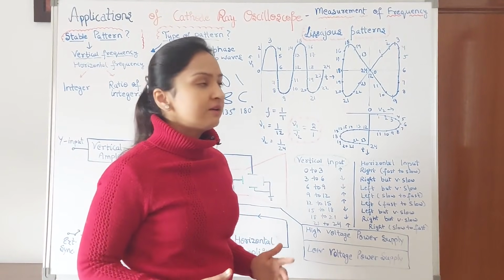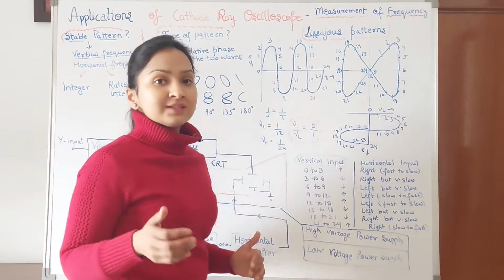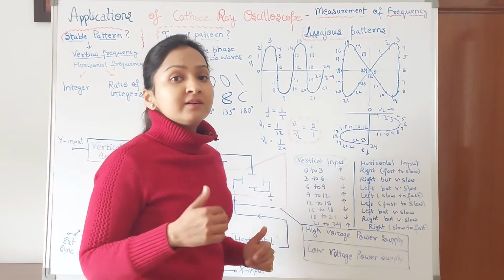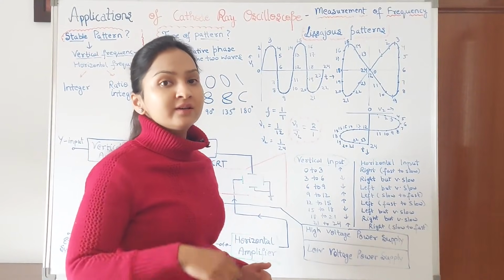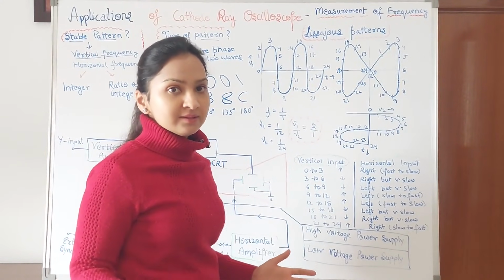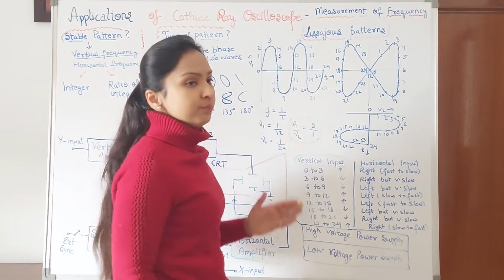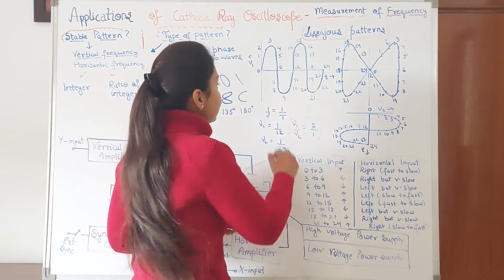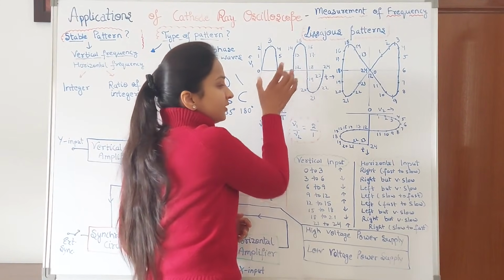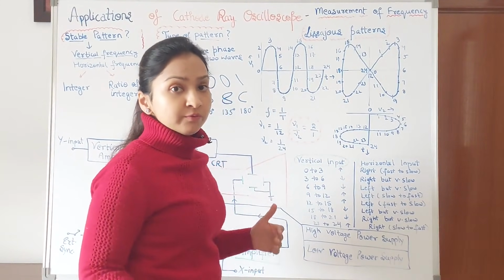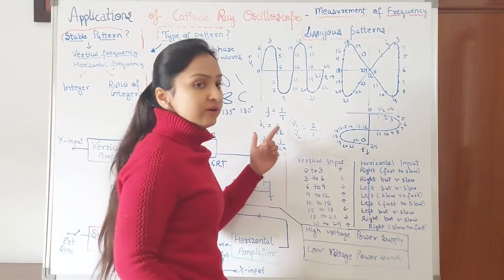Now let us look at their frequencies. So you know that time period is the time that it requires to complete one full cycle of the wave. That is the time period. For the Y input sine wave, the time required to complete one full cycle is 12 units of time. Frequency is nothing but the inverse of time period.